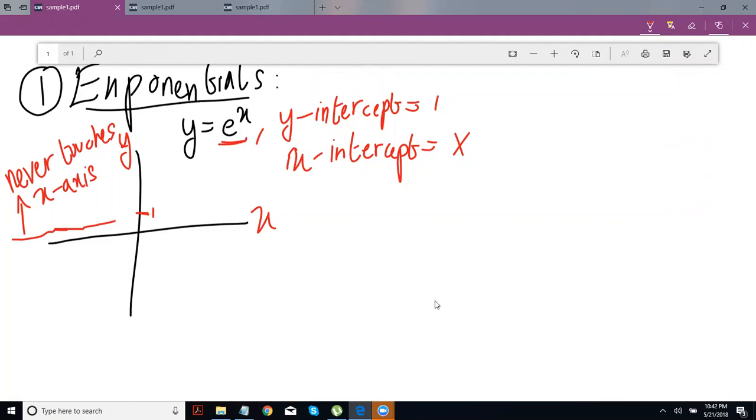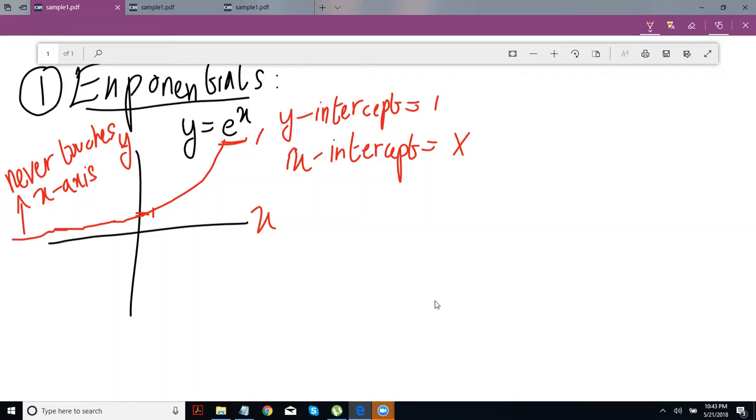Obviously, the more negative the value of x, the closer you get to your x-axis. It comes here, it cuts your y-axis at 1, and then it increases at an increasing rate. That's the basic idea behind your exponential function. Again, it will never become vertical. However, as you increase the value of x, the y value will just keep increasing at an increasing rate.